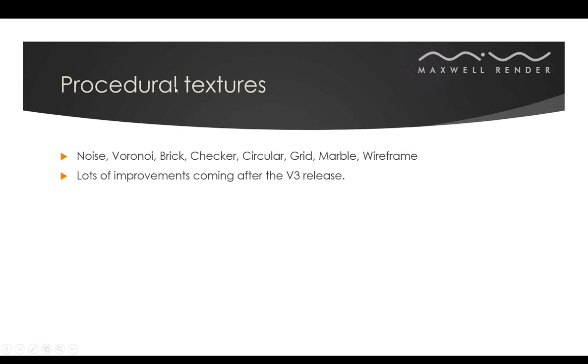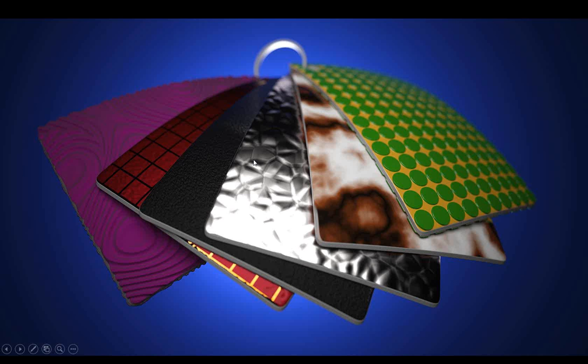For example, with particles, you can drive the color of a particle. You can drive that with the speed of the particles, and so on. So there's a lot of cool stuff coming after version 3 regarding procedural textures, but for now you have these to work with, and they're still pretty useful.